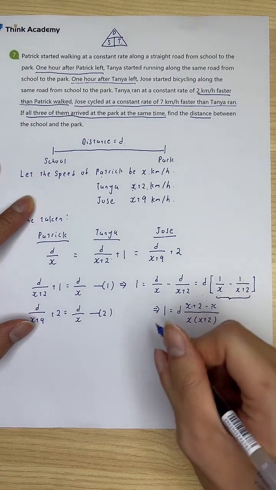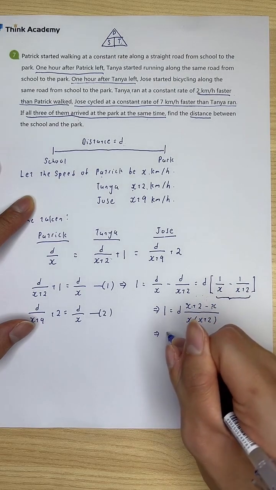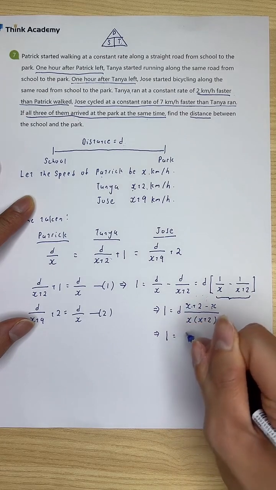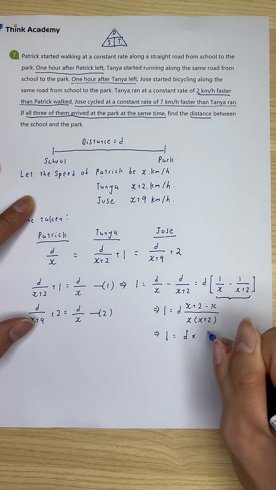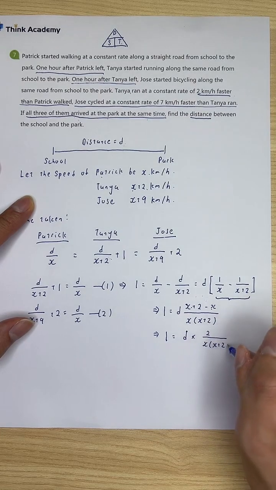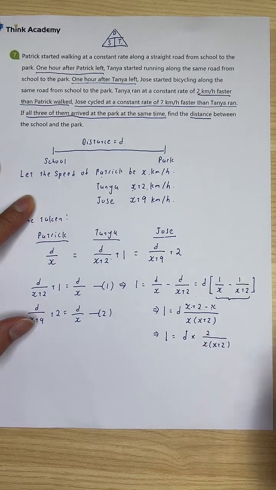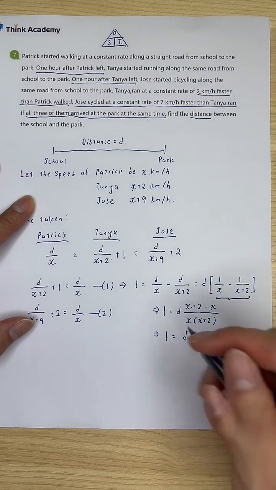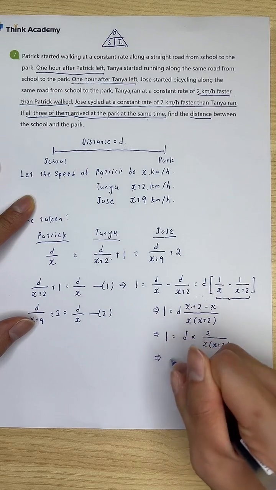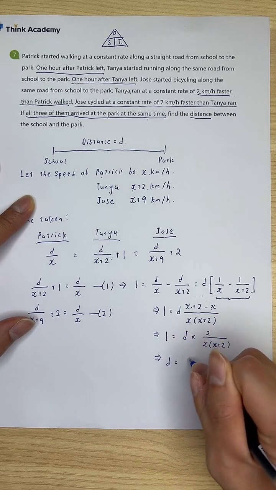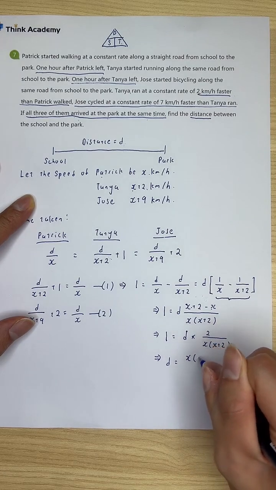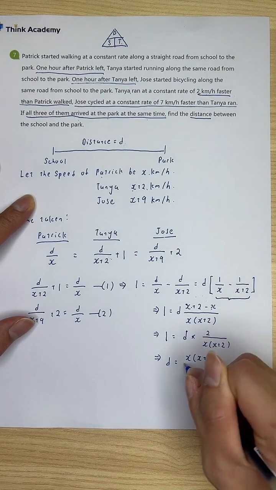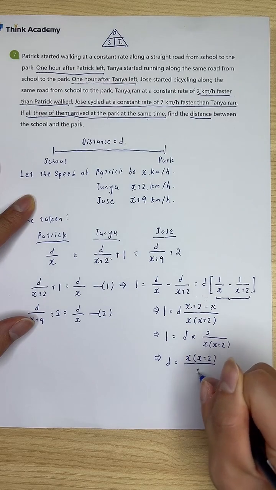The two x's will cancel off, and we get 1 equal to d multiplied by 2 over x multiplied by x plus 2. We're going to make d the subject this time round. So d is going to be equal to x multiplied by x plus 2 over 2.